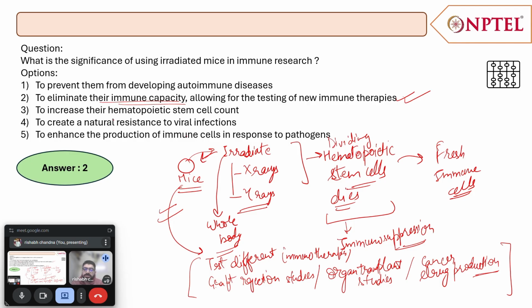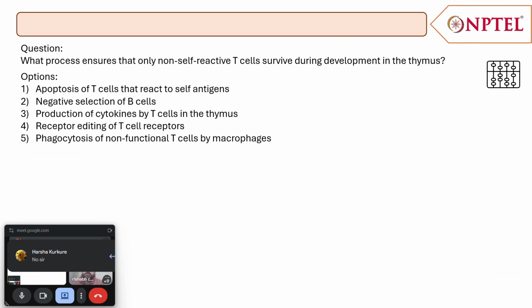Any doubts in this particular question? If not, then we'll move on to the next question. What process ensures that only non-self-reactive T cells survive during development in the thymus?